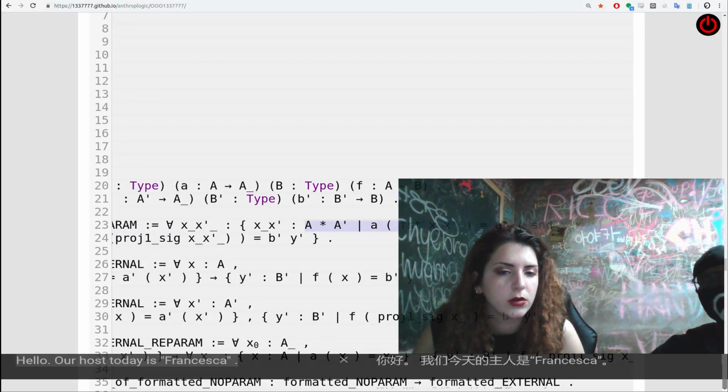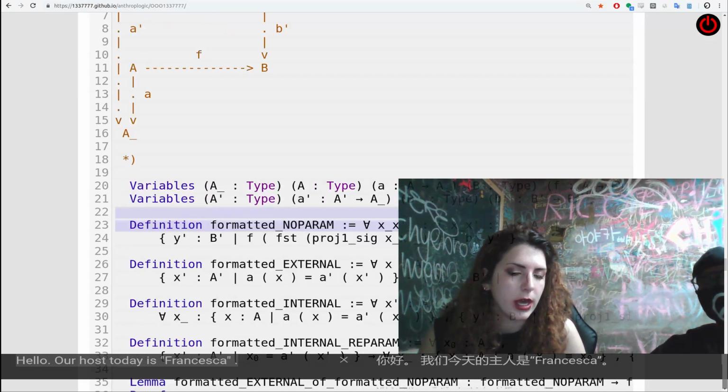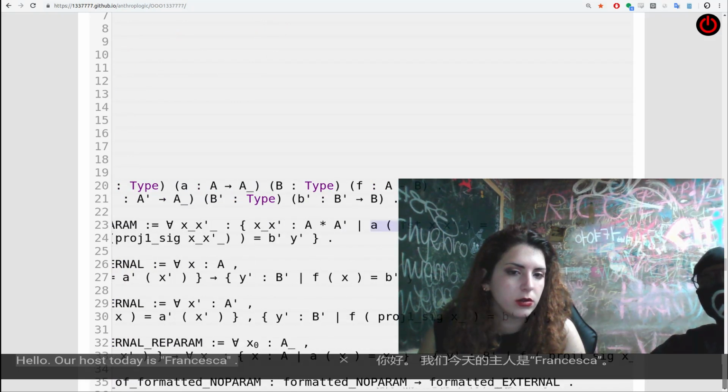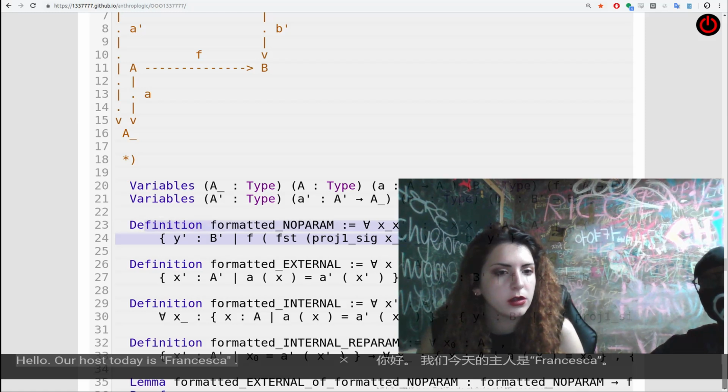So you are taking all of this together: A and A prime, and the fact that they are the same down here. You take all of this information and then you give the output. So that's one way to see it.